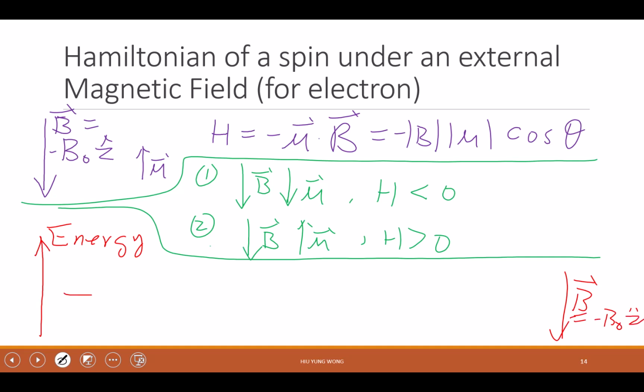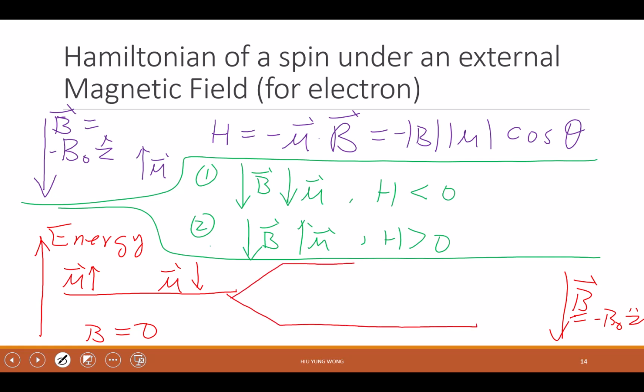Now, if I don't have any external magnetic field, whether your magnetic moment goes up or goes down, I have the same energy. Make sense? But now I turn on the magnetic field pointing down. One of them will have a lower energy and one has a higher energy.